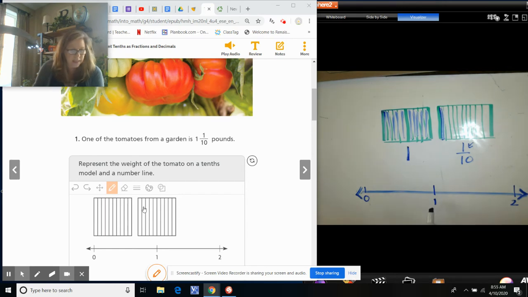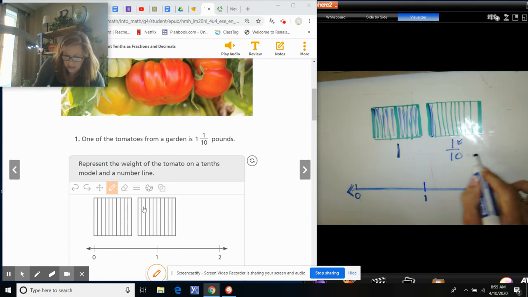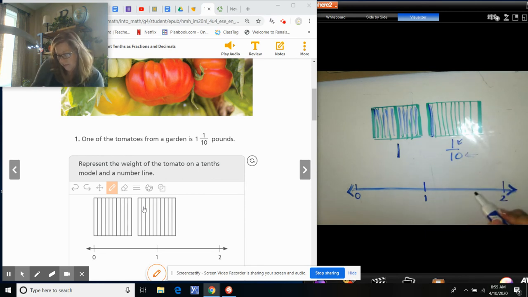So let's look at this number line. We're going to start with the whole number 1. And I just want to show you, just like we usually do, I typically like to break this number line into the parts we're talking about. So we're going to be breaking it into 10 parts because our denominator is telling us that this is broken into tenths. So here is halfway.